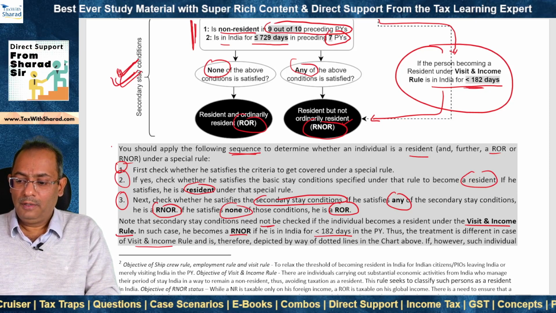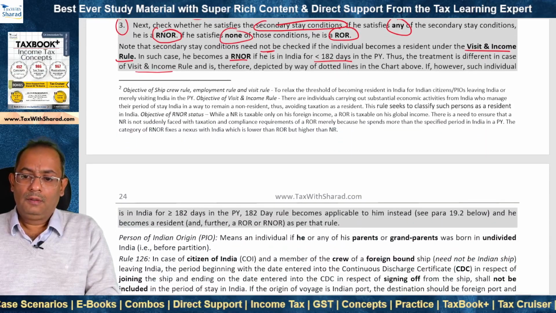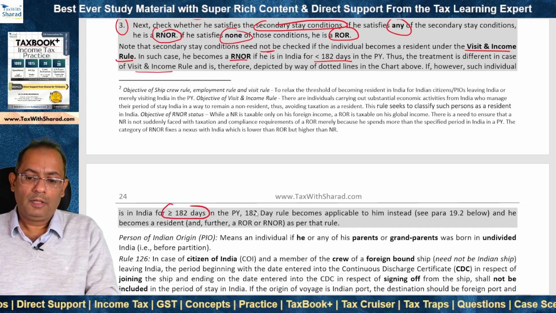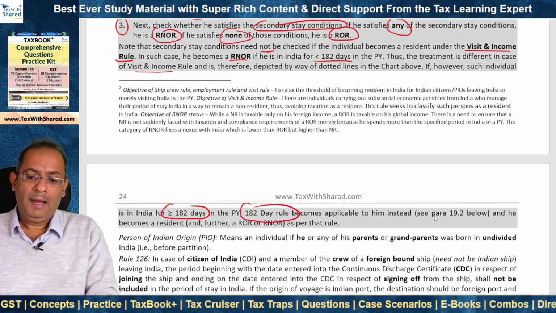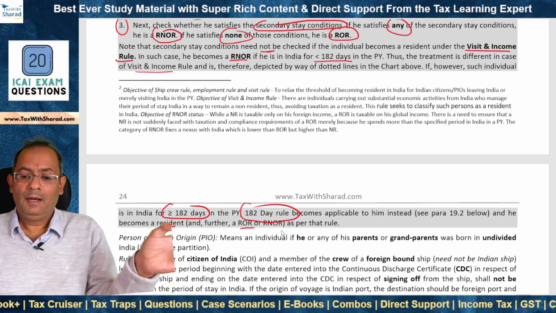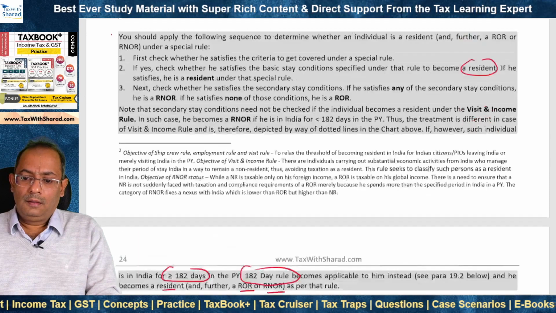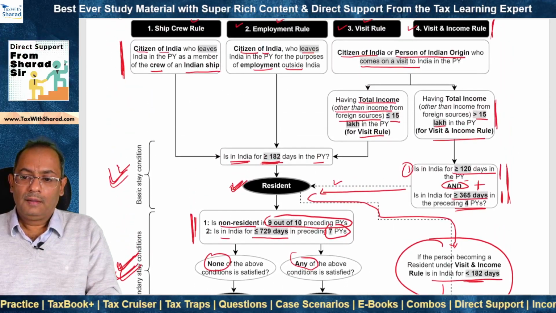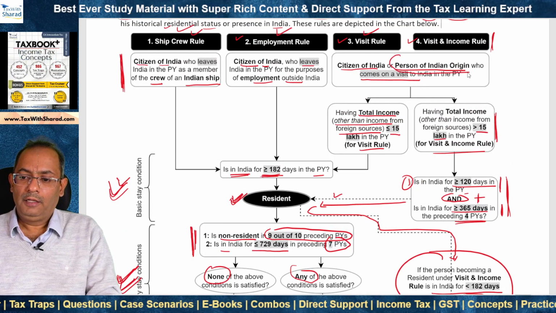If, however, such individual who is falling under the visit and income rule is in India for 182 days or more in the previous year, the 182-day rule becomes applicable to him instead. And he then becomes a resident, and further he gets classified as either a ROR or RNOR under the 182-day rule. Now we noted above that the visit rule and visit and income rule applies to a person of Indian origin as well.